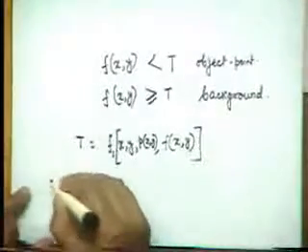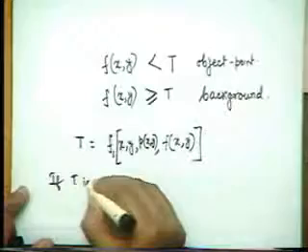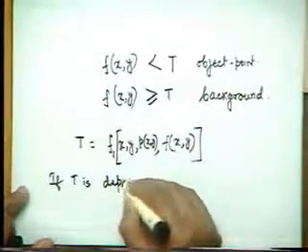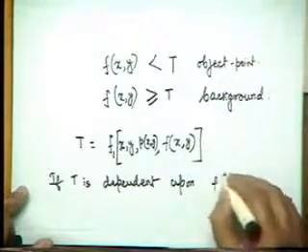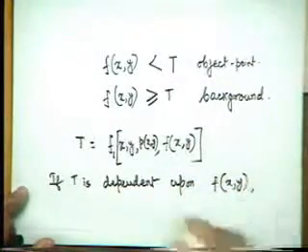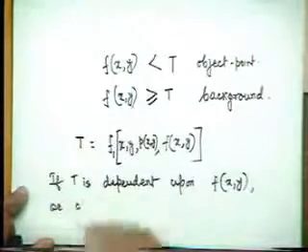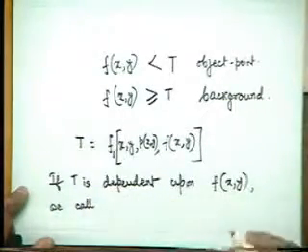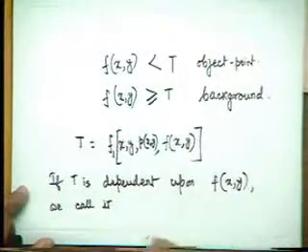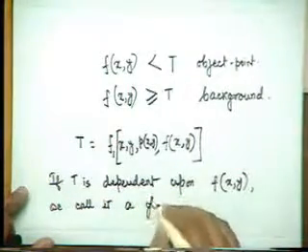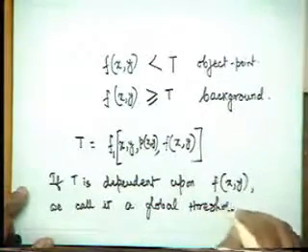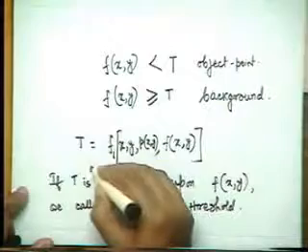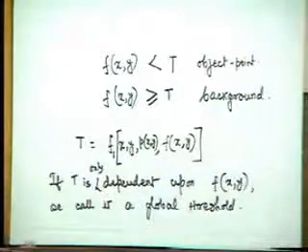So if t is only dependent upon f of xy, we call it a global threshold.